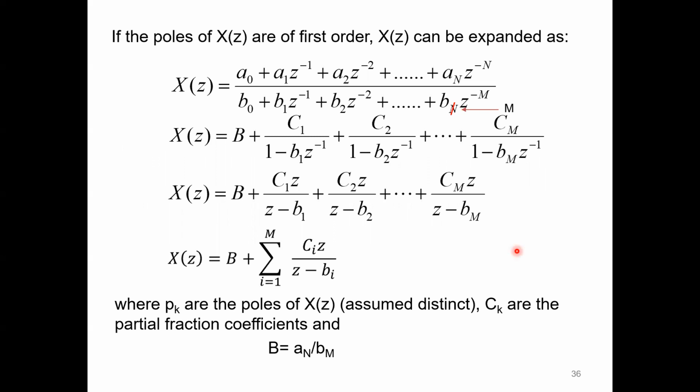Partial fraction is used to break down a rational polynomial into individual small blocks, as you see over here. You can see a long rational polynomial, but once you break it down into this format, all first order blocks, with a constant here, depending on the order. Sometimes you get B, sometimes there's no B.